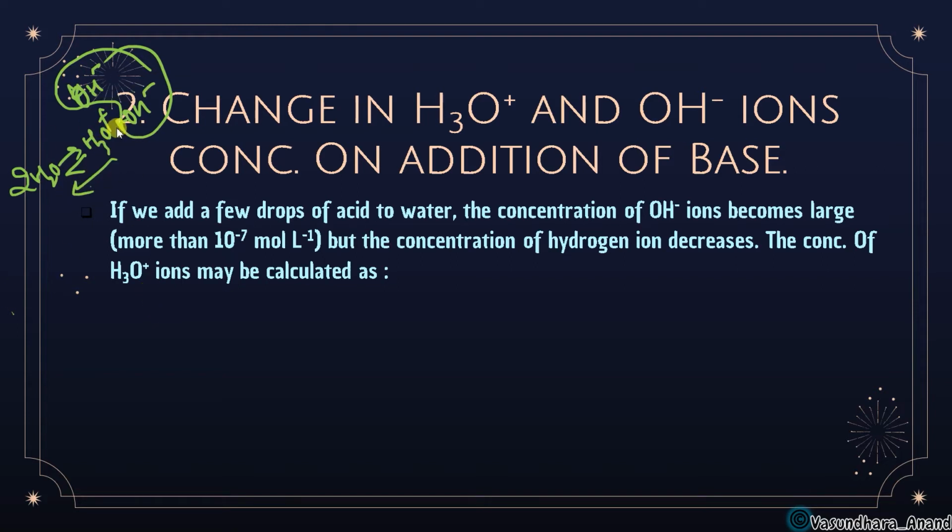They will combine, but the concentration of hydrogen ion decreases. If one increases, obviously the other will decrease. The concentration of H3O plus ions may be calculated using the same formula. Here this is going to increase, and to keep this product constant, this value will decrease.